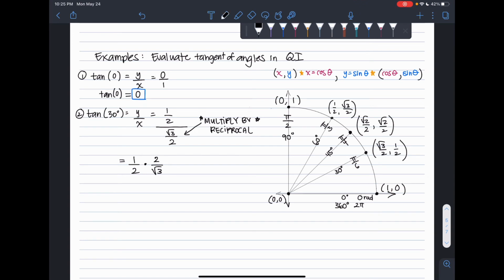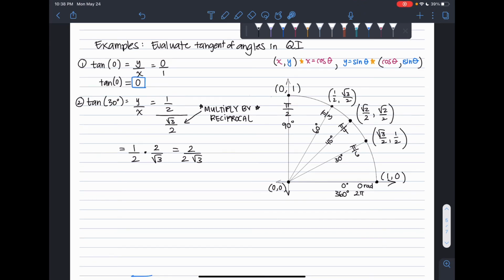So now let's multiply across. We get 1 times 2 is 2 in the numerator, and then 2 times √3 is 2√3 in the denominator. Now in this step, we get 2 over 2 times √3.